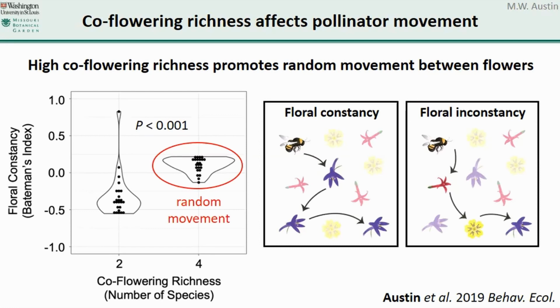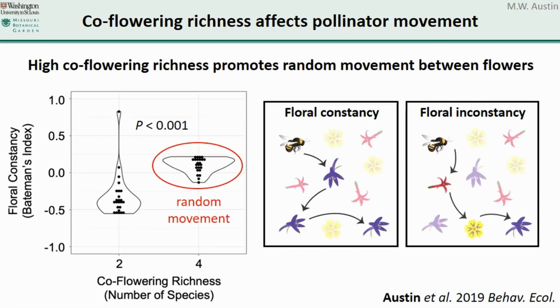risking heterospecific pollen transfer. I performed a behavioral experiment where I tested the effect of co-flowering richness, so either fewer species flowering at the same time in an environment versus an environment with a higher number of species flowering at the same time, and looked at the effect of co-flowering richness on floral constancy, and found that environments with a higher number of co-flowering species are likely to induce the random movement of pollinators between flowers, and thus co-flowering richness should promote heterospecific pollen transfer.